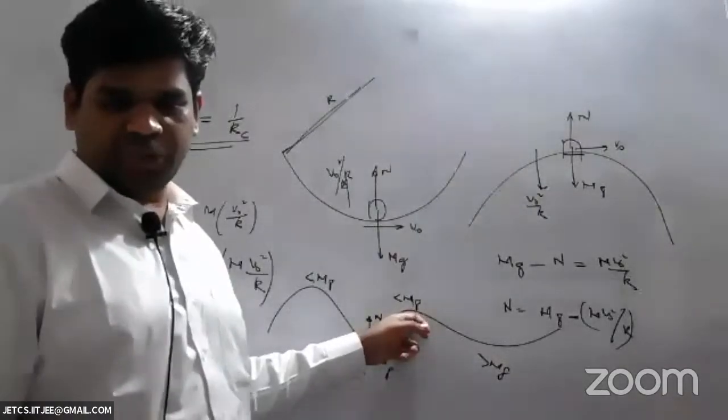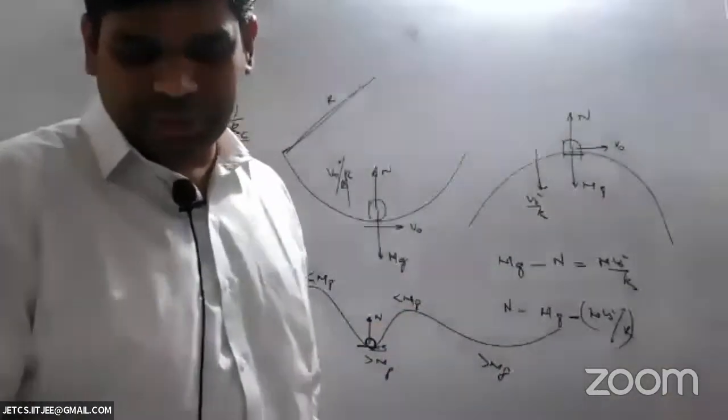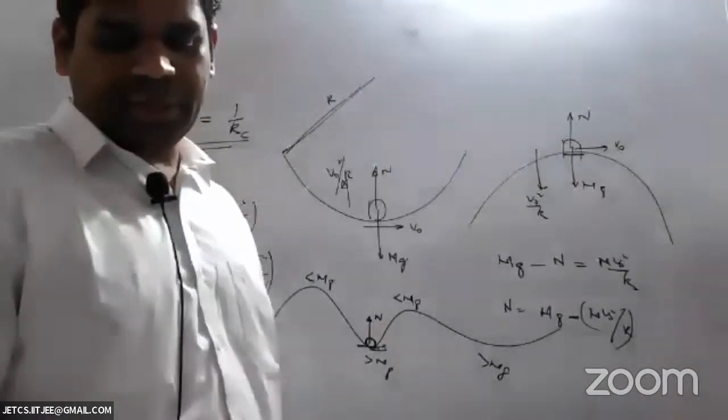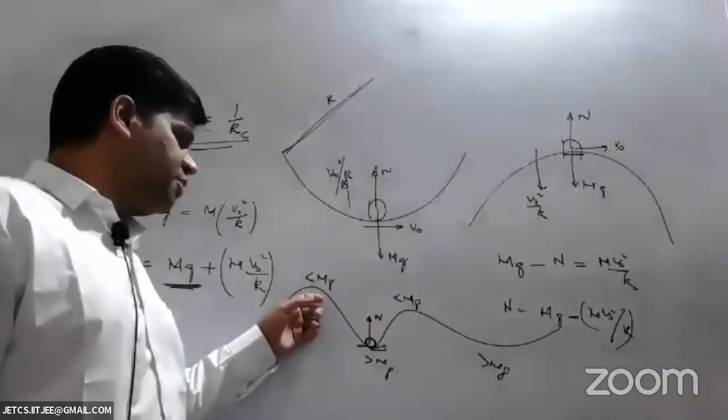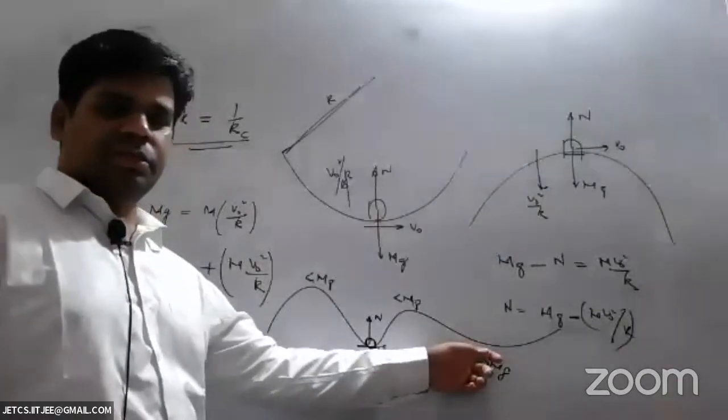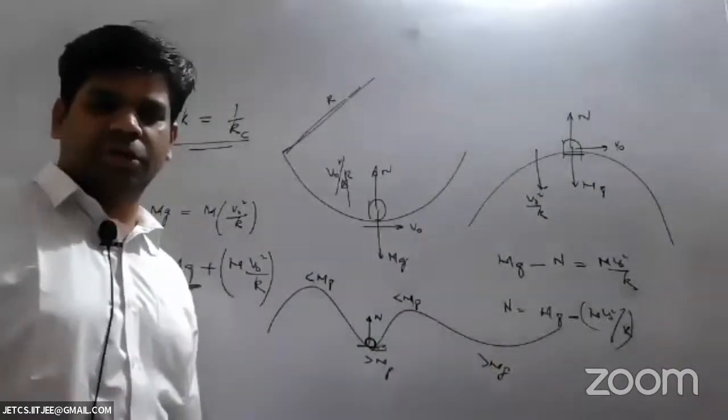Option D says normal force is lesser than weight at A and D. At A it is definitely less, but at D it is greater. So option D is wrong.